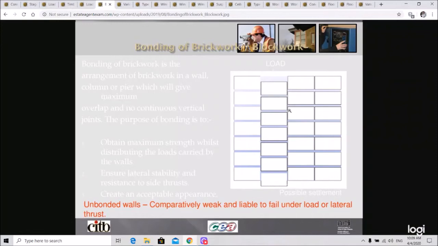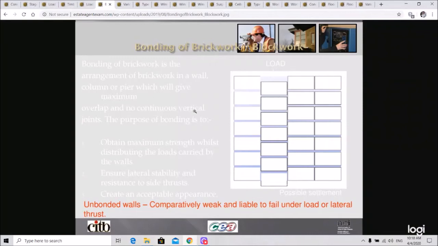That is why in brick bonding, they need to cross, like you cross your fingers, so that it holds back the forces from both sides and up and down. That's why brick bonding must have different stretchers and headers.